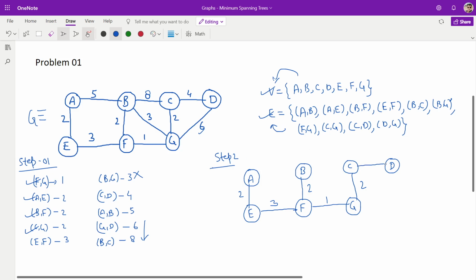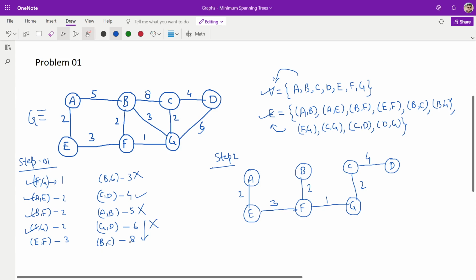Yes, because it is not leading to a cycle. What about edge AB? I cannot have AB because the moment I add AB, there will be a cycle ABFE. So this edge is going to be neglected. What about GD? GD can again not be there in the spanning tree because it will lead to a cycle GCD. So this edge is neglected.